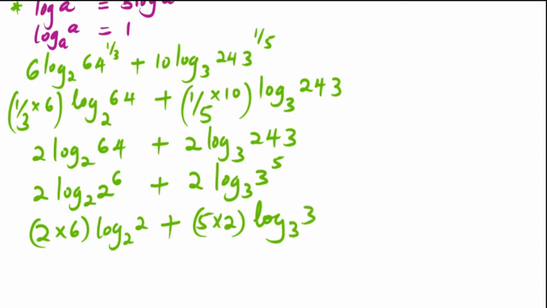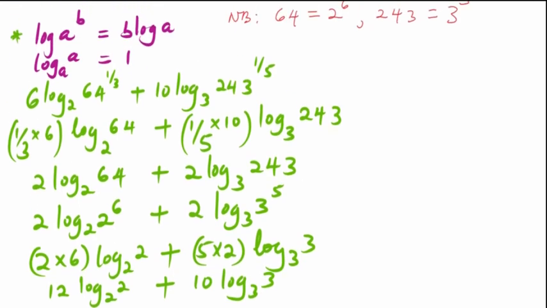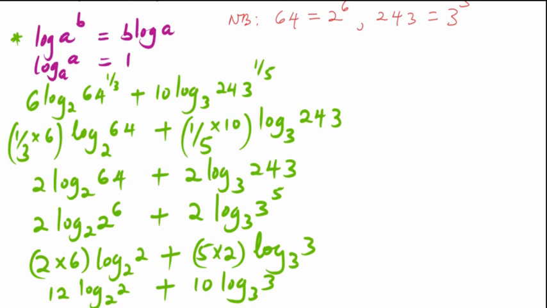Now from this step, we can simplify. This will give 12 log 2 to base 2, plus 10 log 3 to base 3. At this stage we are going to use the basic rule number 2.